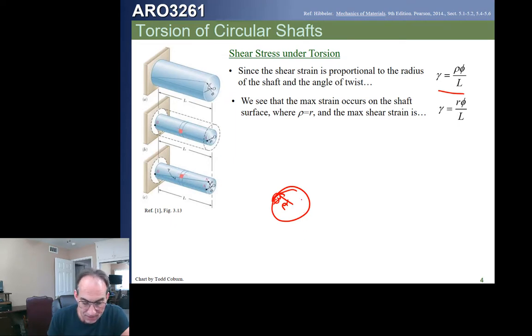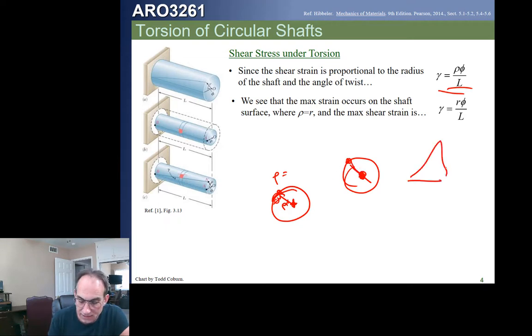You see that? That means if we look at the center of the thing where rho is 0, the shear strain is 0. If we look here where the radius is rho, the max radius, that's where the shear strain is maximum. So we're going to get a linear distribution of strain. The maximum occurs out here at the radius, and the least, 0, occurs at the middle, and it's linear in between.